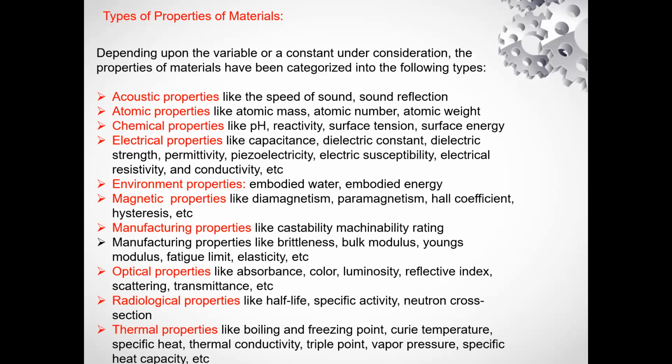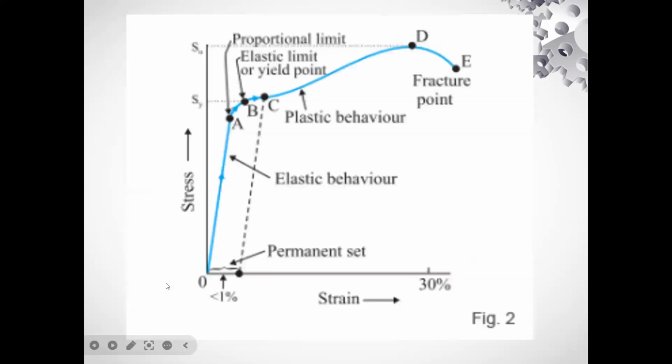So those are the mechanical properties. And here there are some other types of properties: acoustic properties, atomic properties, chemical properties, electrical properties, environmental properties, physical properties, manufacturing properties, magnetic properties, optical properties.